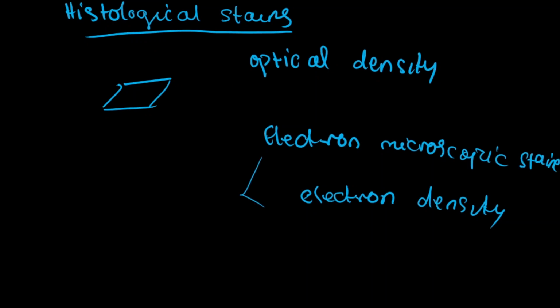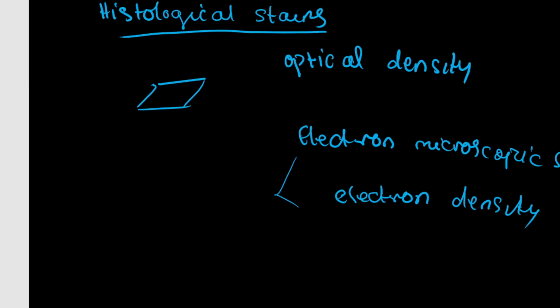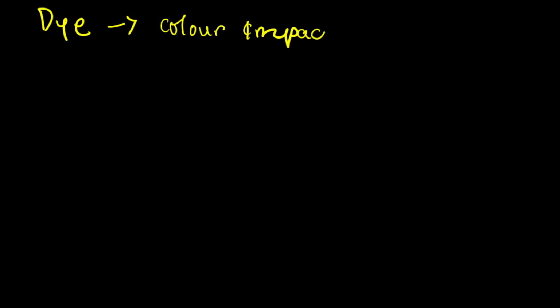Now let's take a look at some of the dyes made use of for histological stains. In a given dye or histological stain, we have the color impacting component. What exactly is the color impacting component? It is that component of the dye that gives the color.